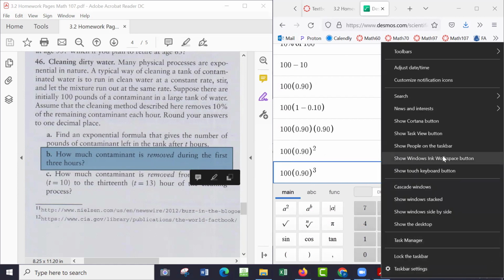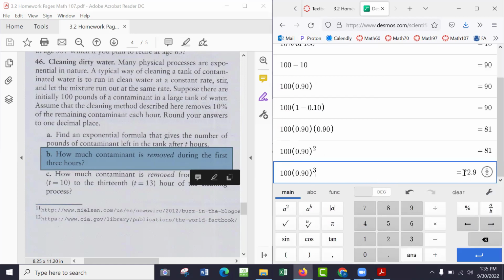And we will have 72.9 pounds of contaminant remaining, or roughly 73 pounds of contaminant remaining, right? But part B says how much contaminant is removed during the first 3 hours. Now, press pause on the video and see if you can answer that. How much is removed during the first 3 hours?